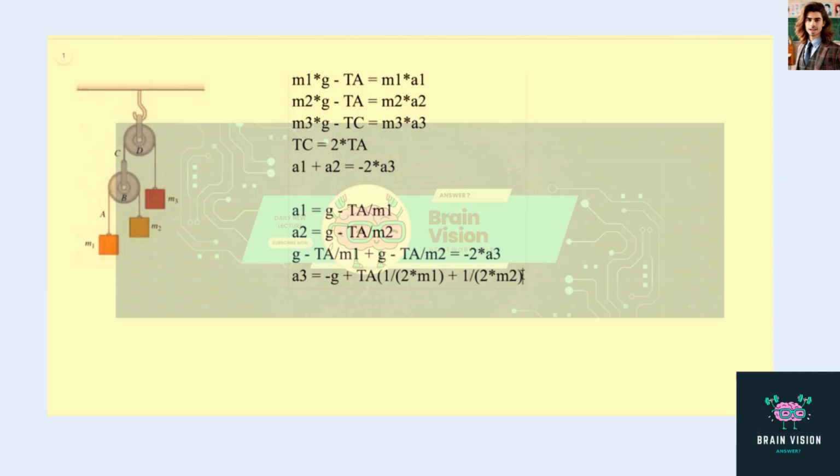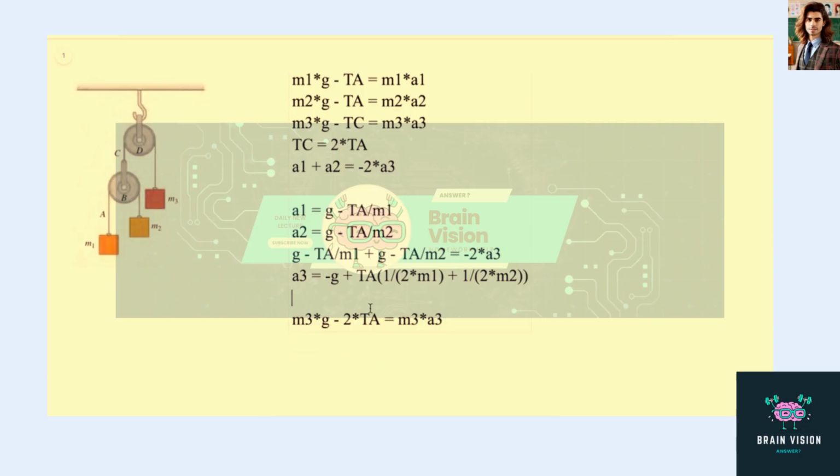So just to explicitly show, we have this in terms of just TA here, which we still don't know. But then we can use our third equation over here combined with this one. So I'm going to bring these two down. If we plug in TC is 2TA, I'm going to plug that into this equation here.